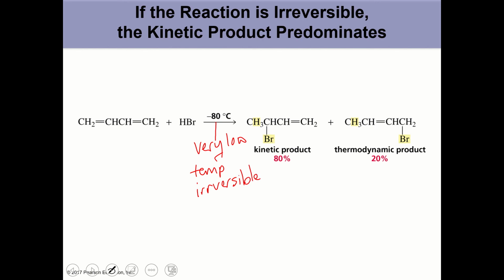So that would be one way that we could make it irreversible, to use a very low temperature, because at a very low temperature, movement is slow. There's very little kinetic energy for movement. And so the carbon that bromine is closest to is the carbon that is going to be bonded to bromine, because the bromine is not going to be able to move over to the 4 position.